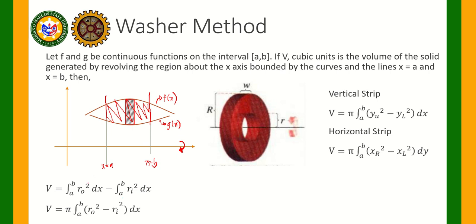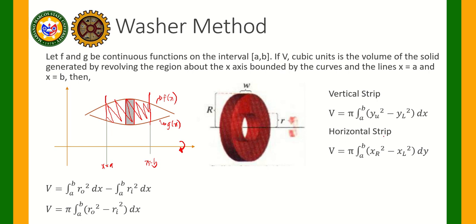And if we are going to manipulate this one, our formula will be V equal to pi times the integral of r outer squared minus r inner squared dx, limits from a to b. Okay, so this is the general formula. However, if we are going to use vertical strip, our formula will be pi times the integral of y upper squared minus y lower squared dx, limits from a to b.